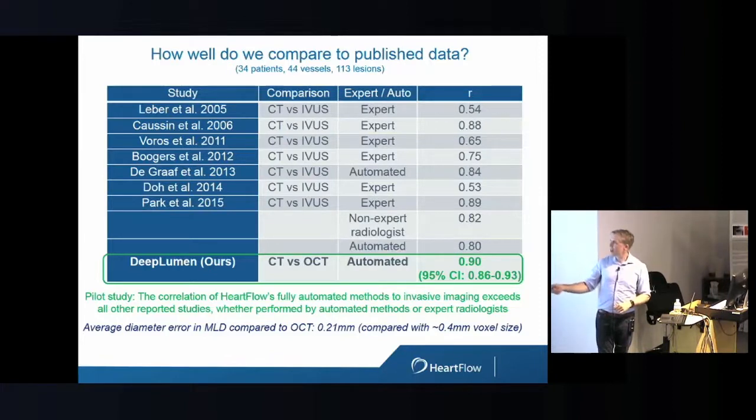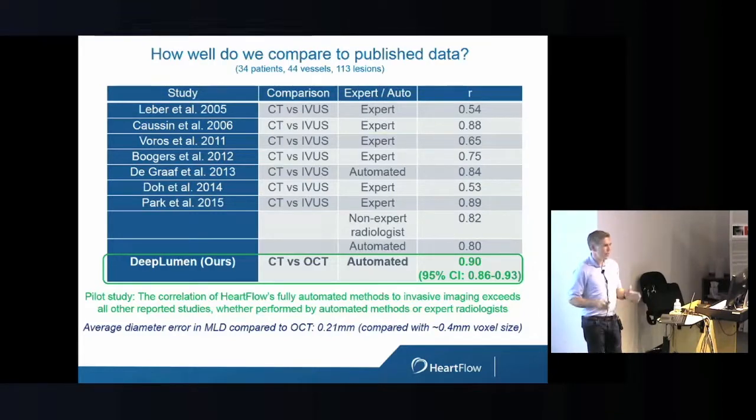If you compare that to all of the other publications in the literature, expert reads and automated reads, you get correlation coefficients somewhere in the 0.53 to 0.89 range. So 0.9 is absolutely state of the art, and that's just our fully automated analysis. Those results are then checked by all of our technicians, and each one is carefully examined to make sure that we really nail each lumen geometry accurately.